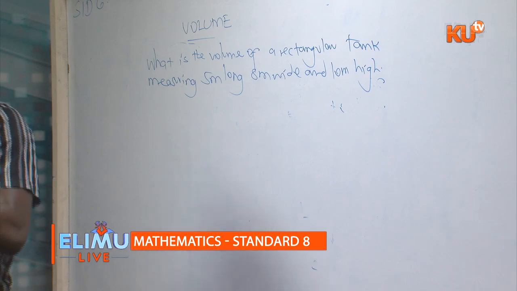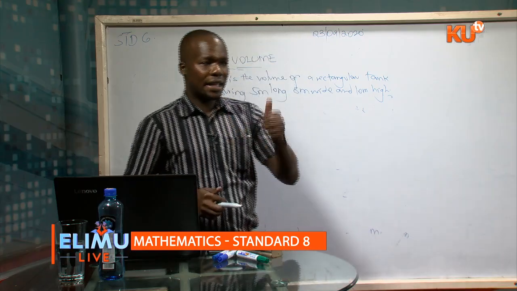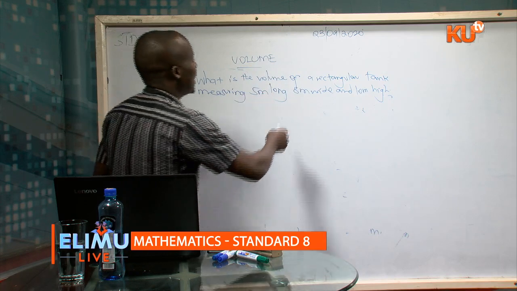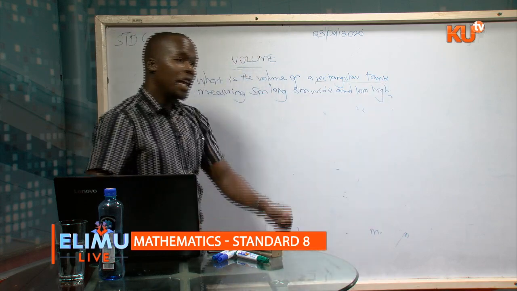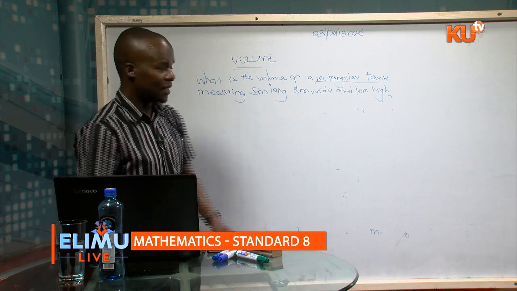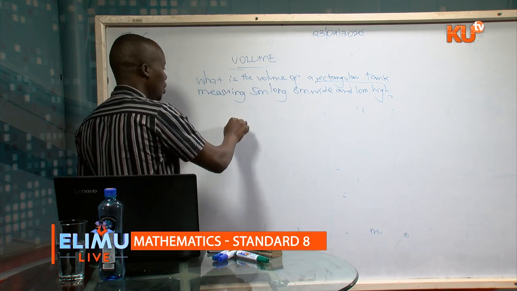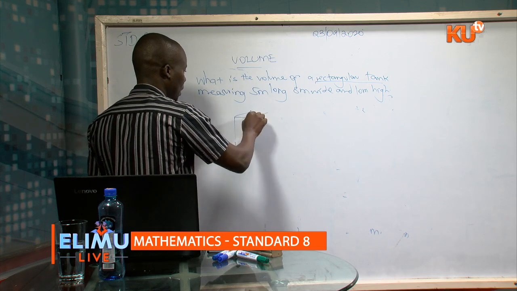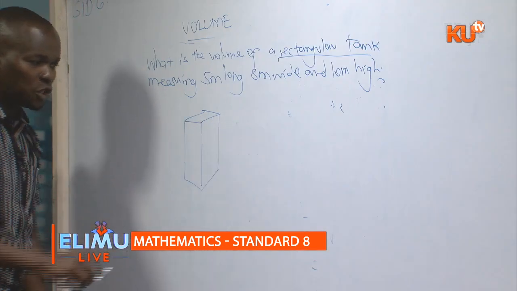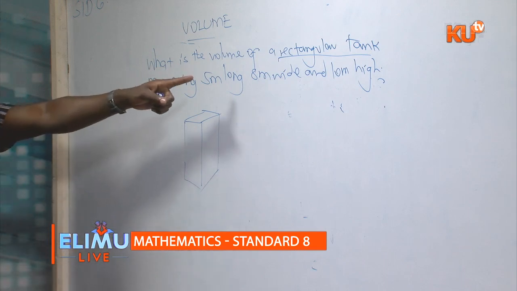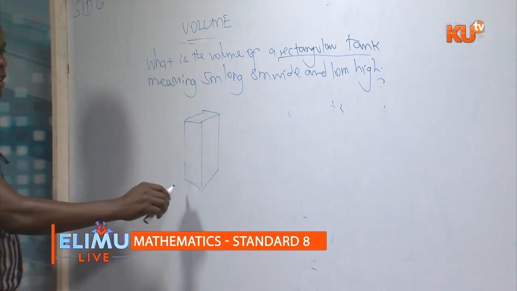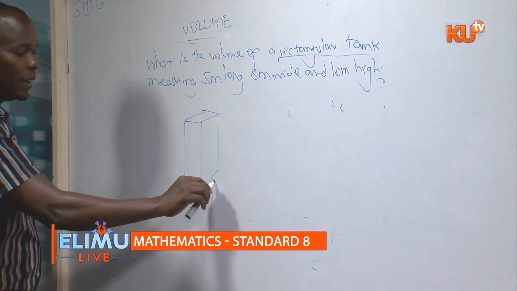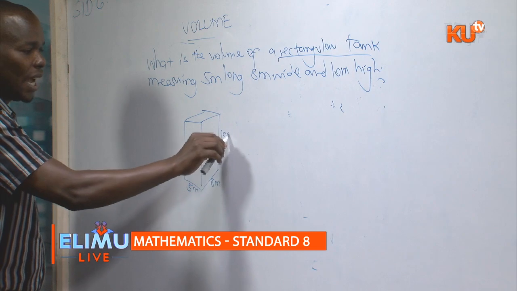Word problems require: read, understand, think, then answer. So, a rectangular tank. If you can sketch, please sketch. A tank is rectangular, so I will have it that way. So, the volume of the tank measuring 5 meters long, 8 meters wide, 10 meters high.